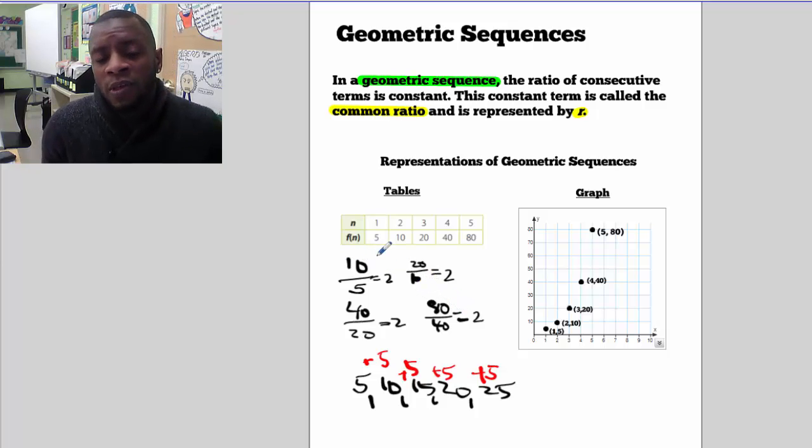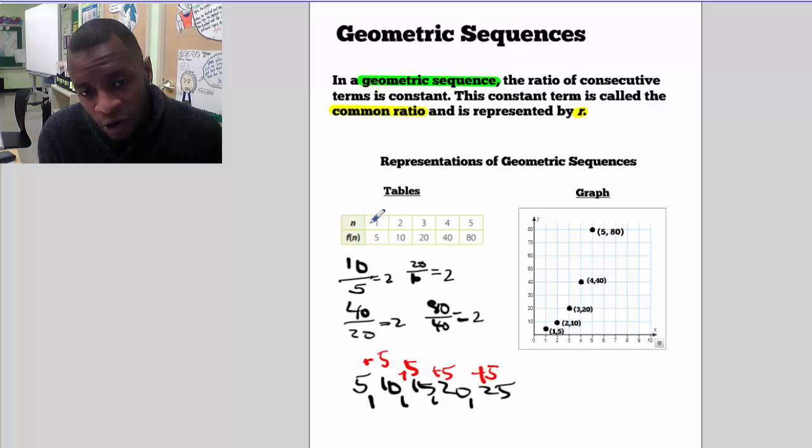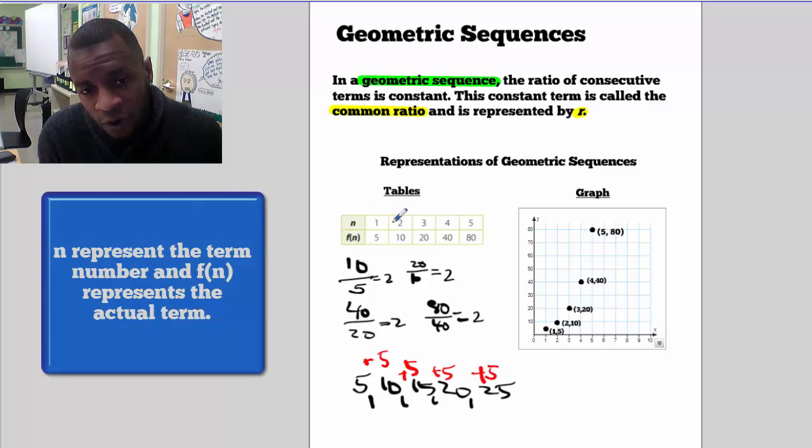One of the things I wanted to mention was the representations of ways we can see geometric sequences presented. We can see them as a list, or in a table where n represents the term: first term, second term, third term, fourth term, fifth term, and then the actual terms 5, 10, 20, 40, and 80.